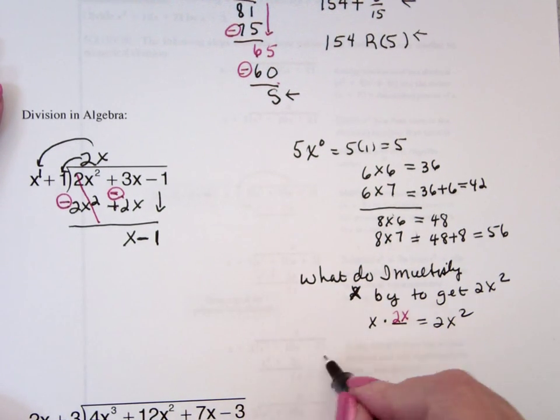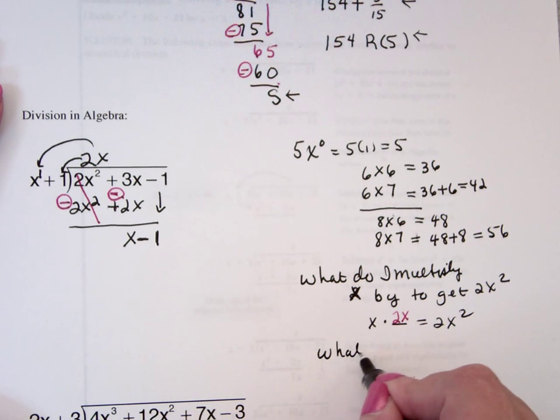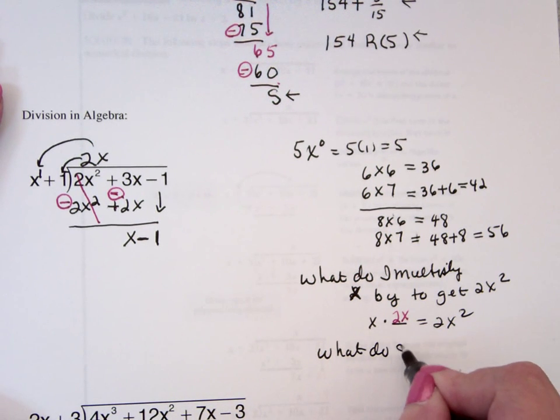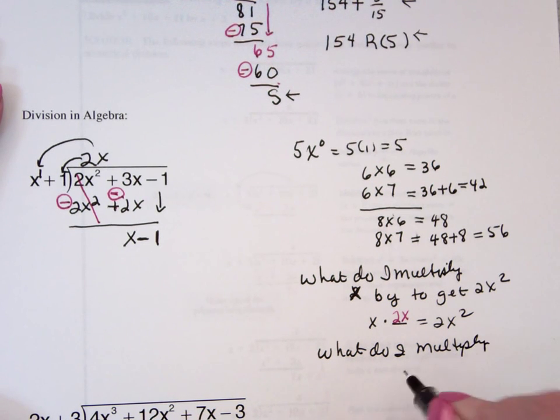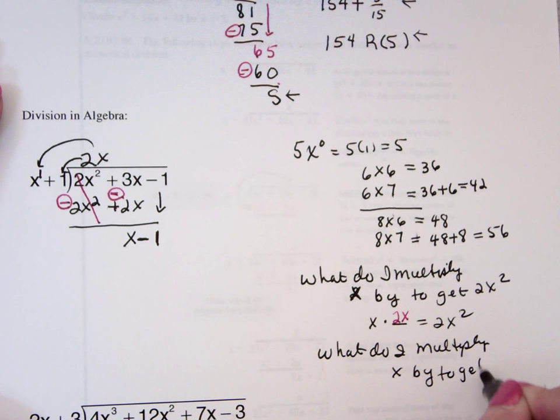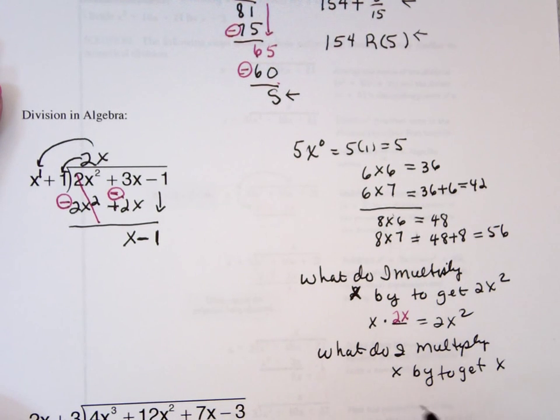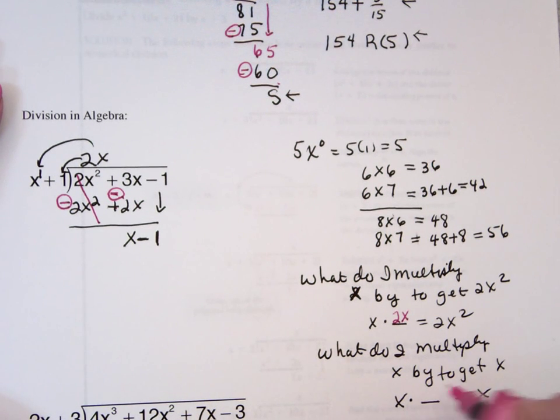And then you bring down the next term. And then you would say, what do I multiply x by to get x? So x times something equals x. What's that something? 1.